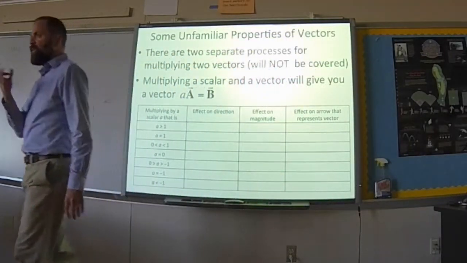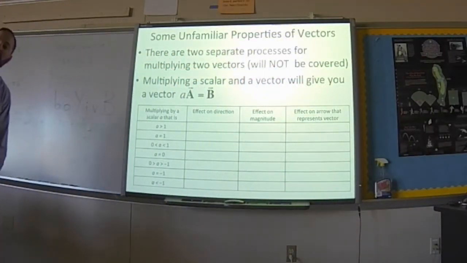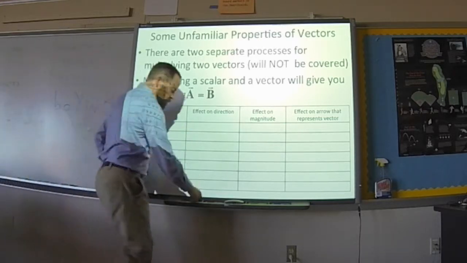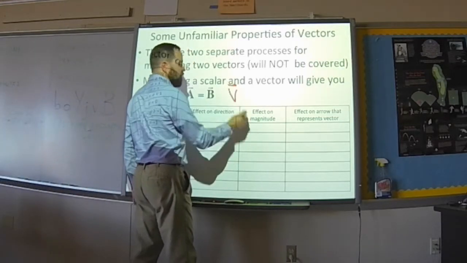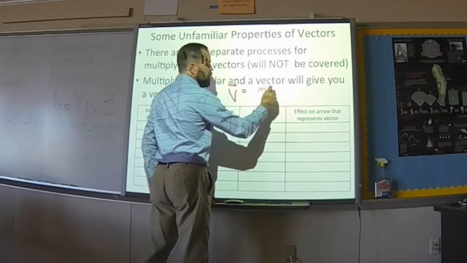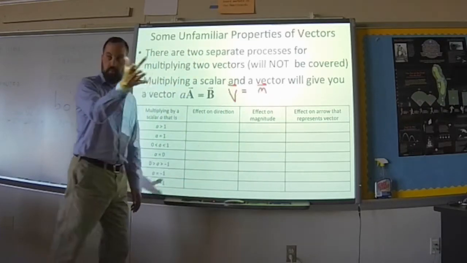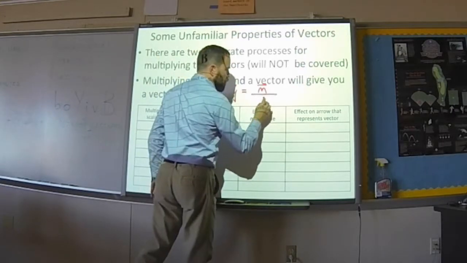So what is a value that we've been talking about that has a vector and a scalar quantity in the units that we've been talking about so far? Speed. Well, not speed, but what's the vector version of that? Velocity. You guys know that velocity, the vector, equals meters, which is displacement, per second.